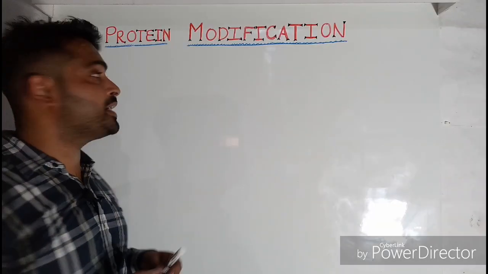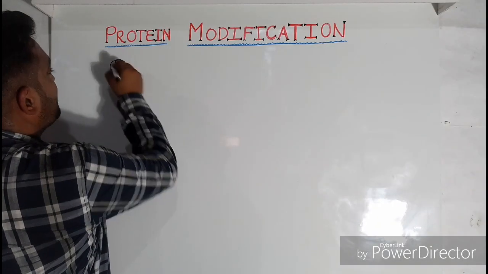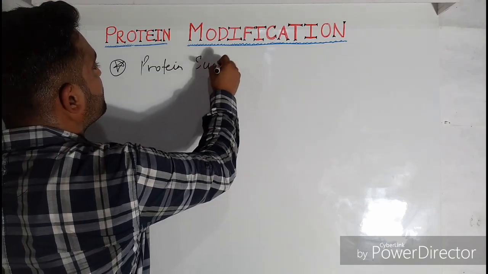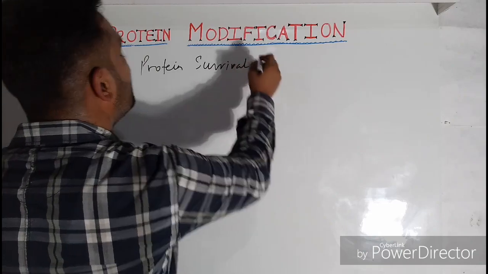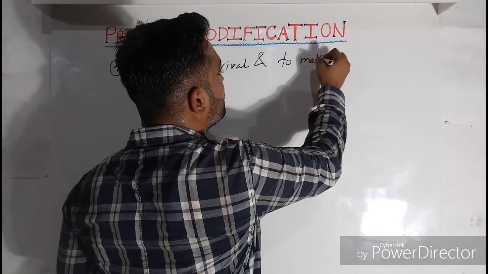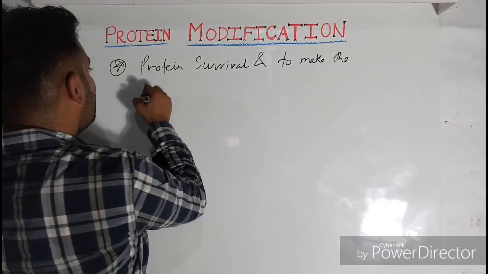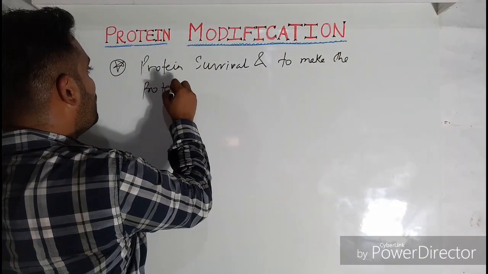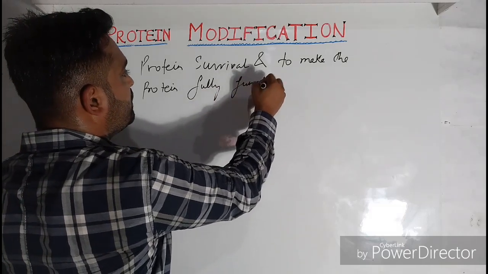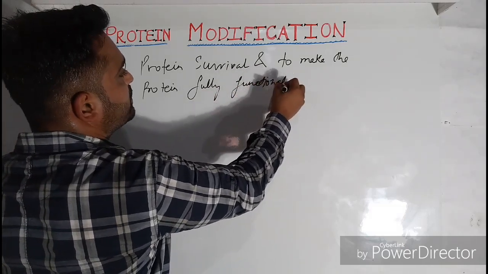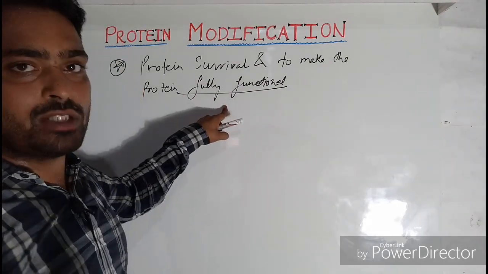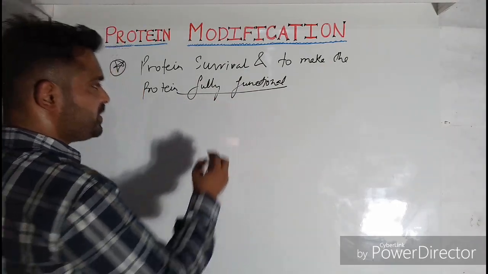The second important reason here is protein survival, to make the protein fully functional so that the protein does not lose its functionality. Now to understand this concept, we compare it to something.